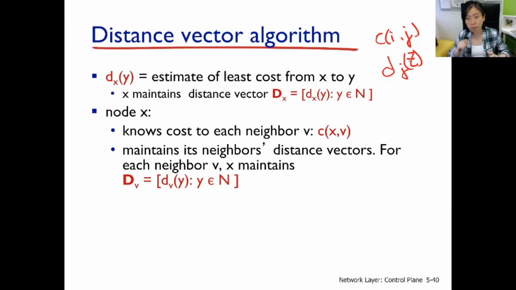But before the Bellman-Ford can be calculated, each node will also need to collect this information. Now, this is actually configured in from the network admin when the network is established. Now, this actually relies on the neighbors sending their routing information to the node.